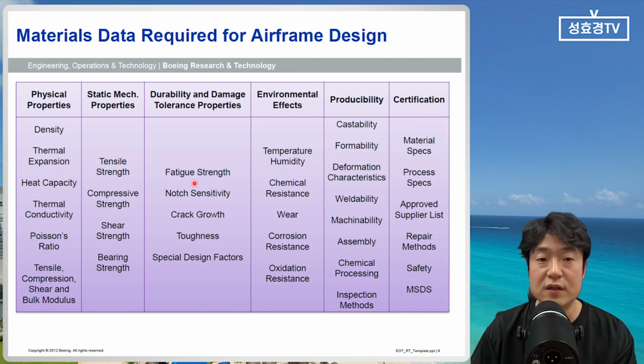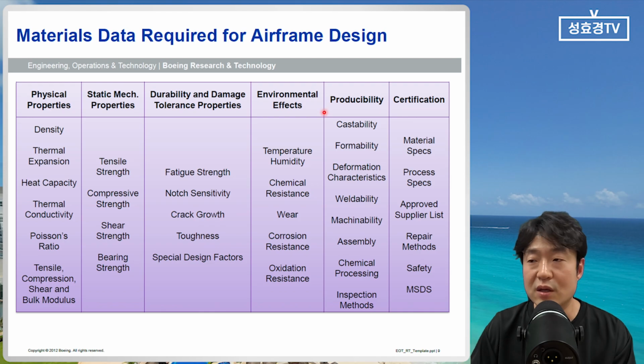Usually the fatigue properties are very important, and also environmental effects: temperature, humidity, chemical resistance, wear, corrosion resistance, oxidation resistance. Nowadays the environmental conditions are getting very harsh, and the temperature change is large. We experience very hot summers and very cold winters, and also disasters from the sea and oceans.